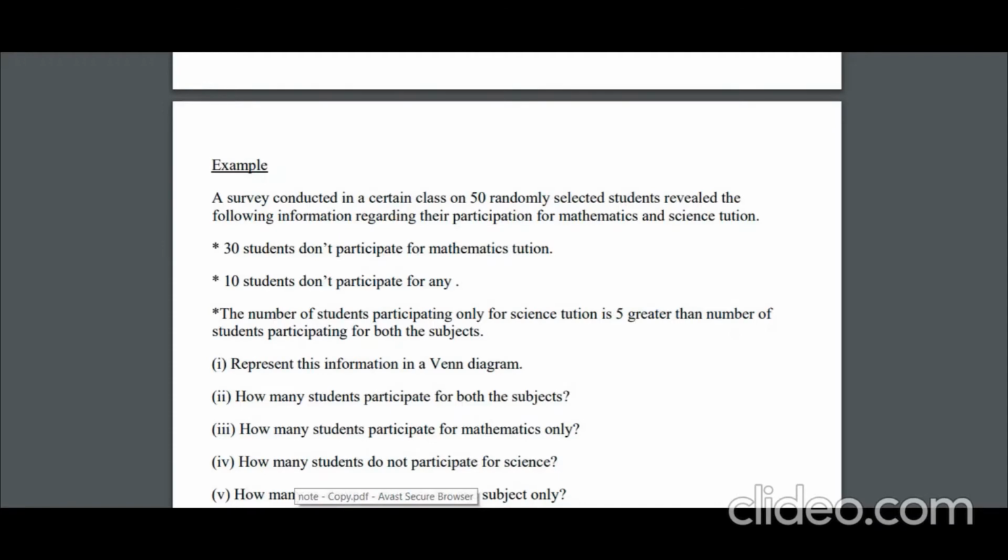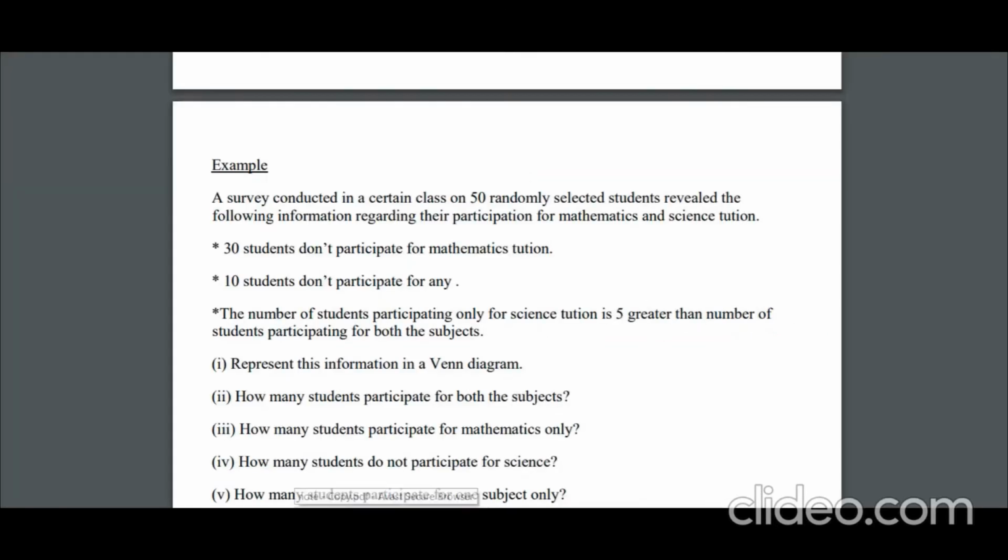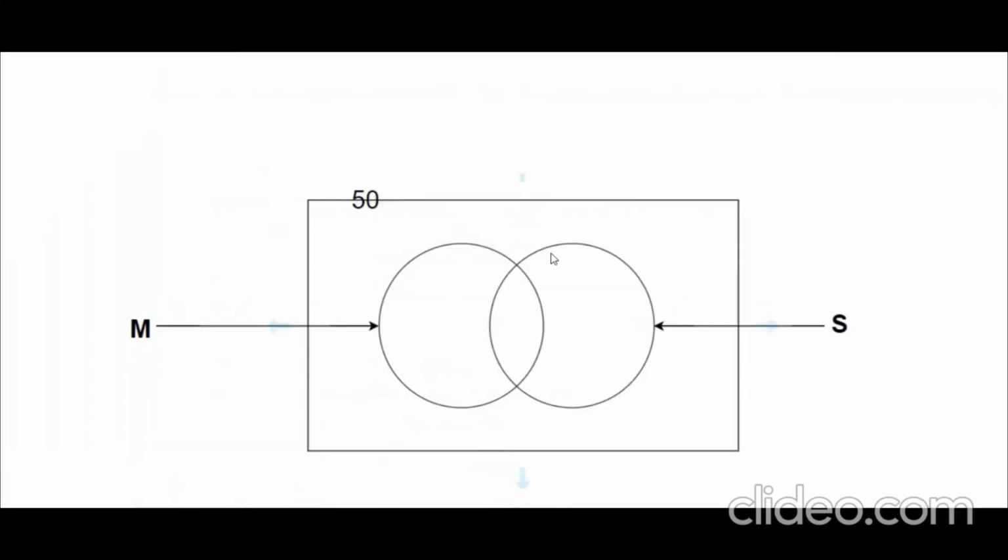We know 30 students did not participate for math tuition, so the area outside M, or the complement of M, is 30, which means those who did not participate in either maths or science, or only science, is 30. And also we know 10 students don't participate in any subject, which means the number of students outside is 10.